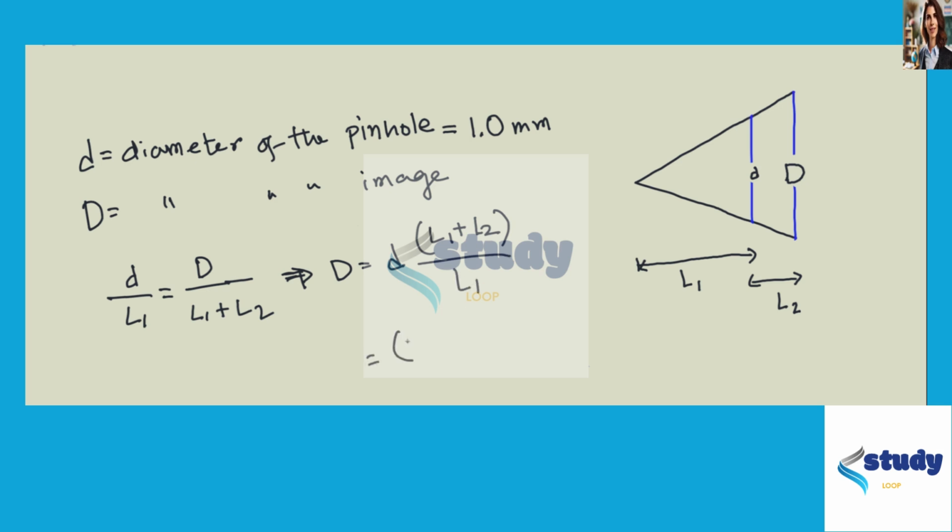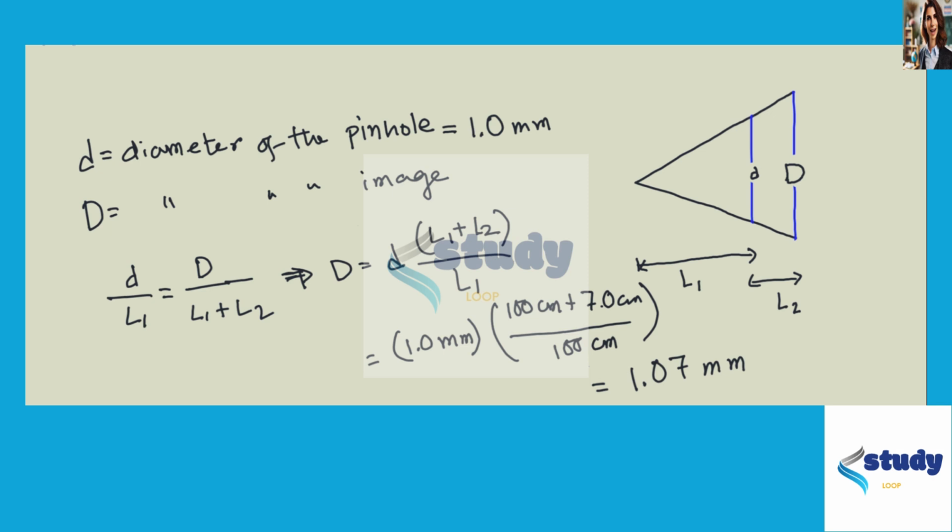Let's put the numbers in. It's going to be 1 millimeter, then we have 100 centimeters plus 7 centimeters, divided by L1, which is 100 centimeters. That gives us a value of 1.07 millimeters.